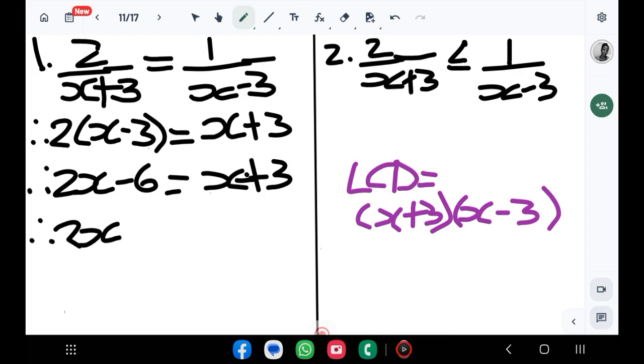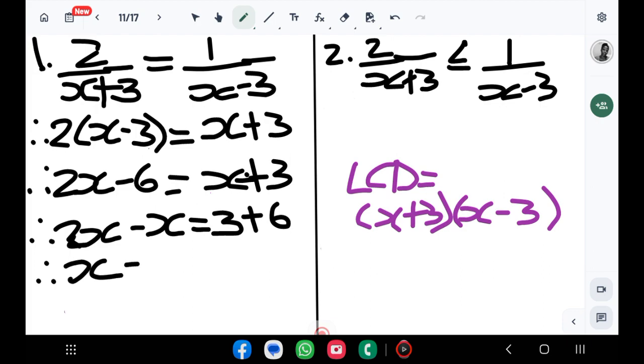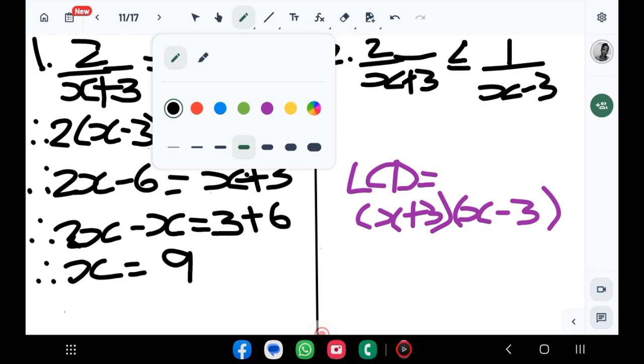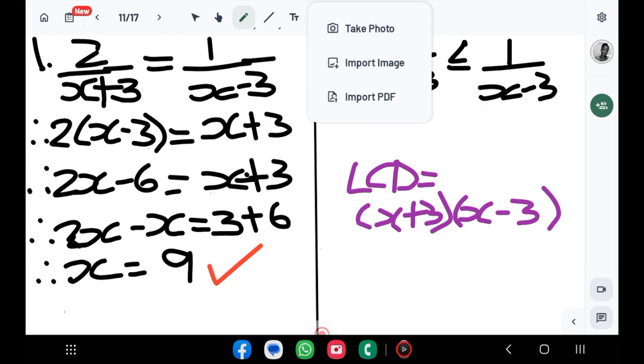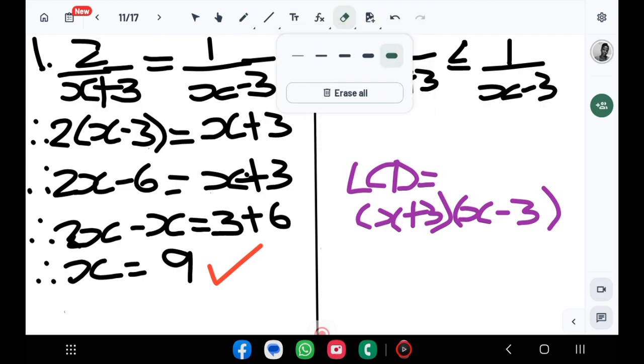So 2x minus x equals, remember I changed the sign when you cross the border, 3 plus 6, because it was minus 6 on the left hand side. Now 2x minus x is x, equals 3 plus 6, that is 9. And that is your solution. The solution is neither 3 nor negative 3, so it is a perfect solution. You're done with the equation. Easy peasy. That's how easy it is to deal with the equation.